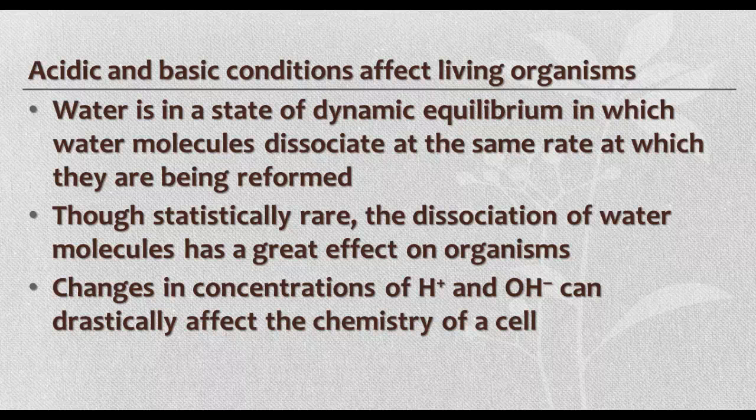You learned in chemistry a lot about concentrations of acids and bases and how they affect each other. The effect they have on living cells is really important because living organisms have a range of pHs at which they can comfortably exist. Major changes outside that range can be harmful or even deadly to the cell or the organism.